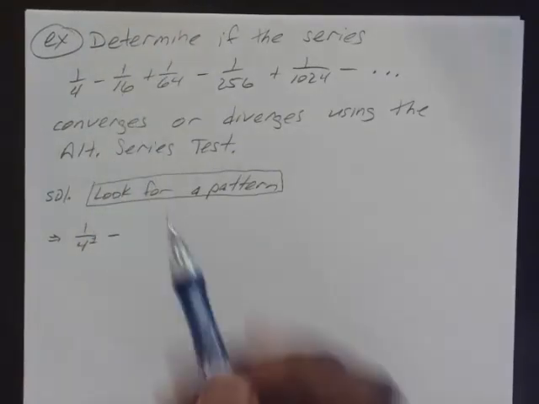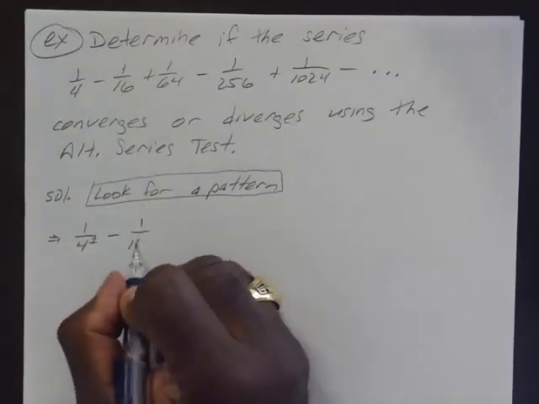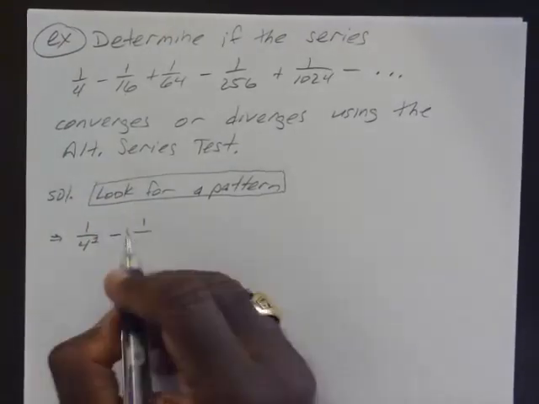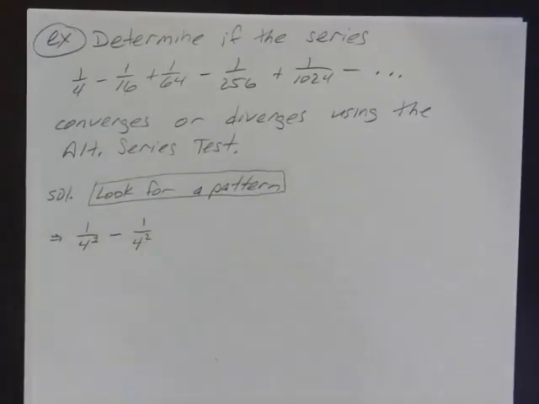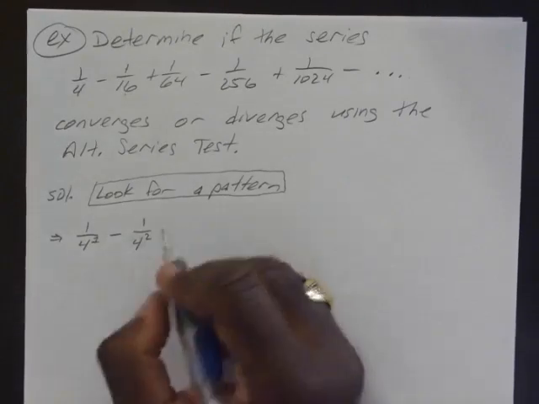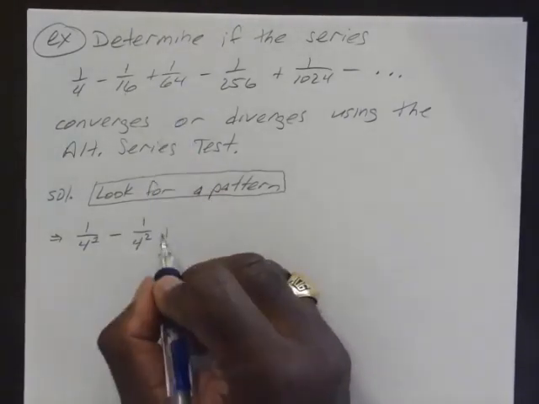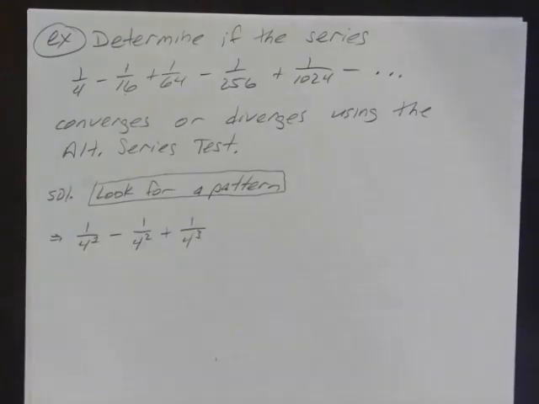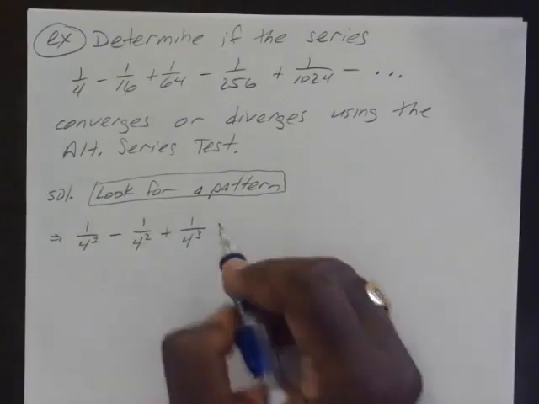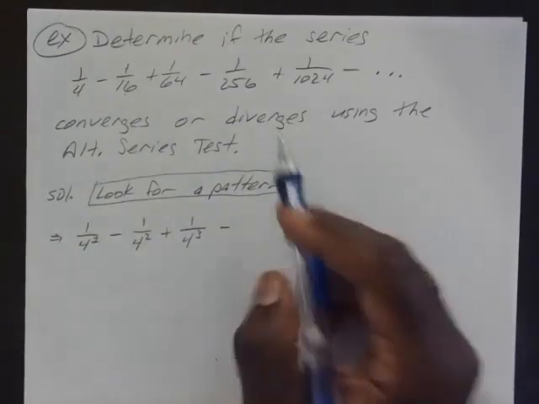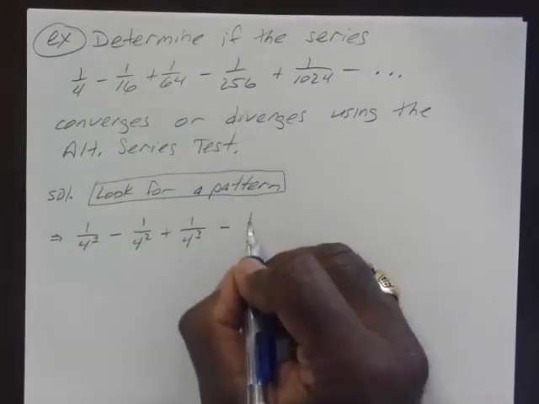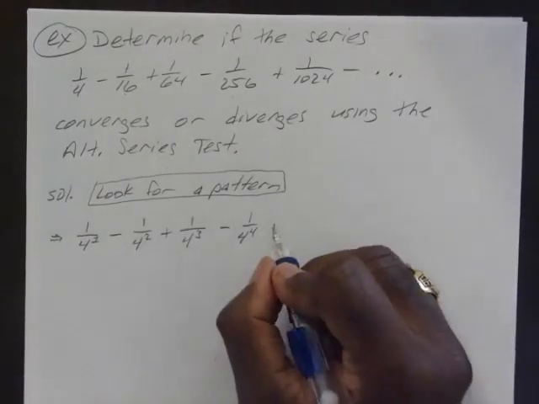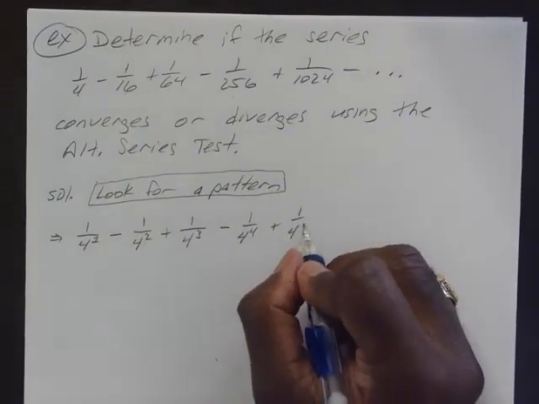Minus that 1/16, we can make 1/4 squared. That 1/64, we can make plus 1/4 to the third power. Minus 1/4 to the fourth power. Plus 1/4 to the fifth power, and so forth and so on.